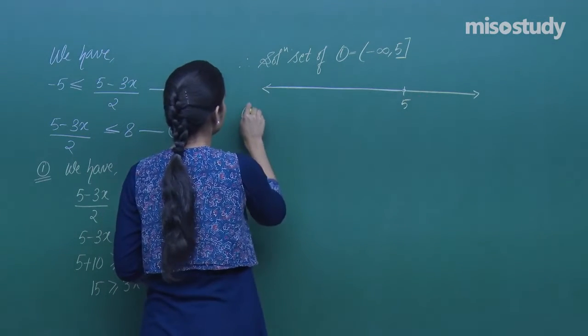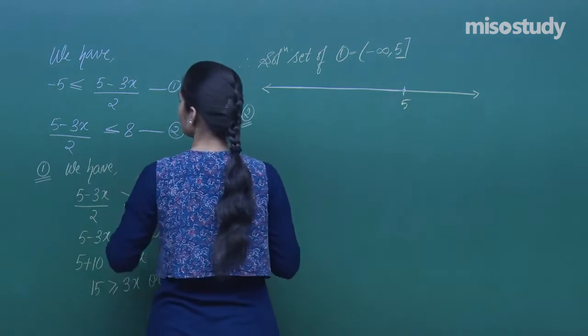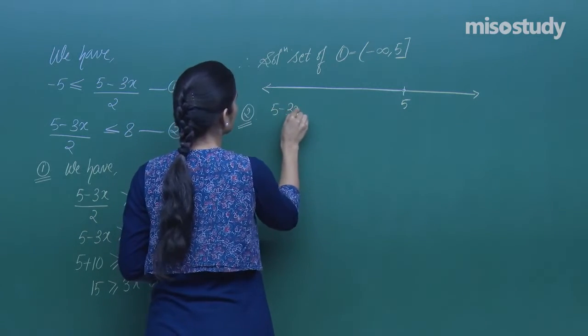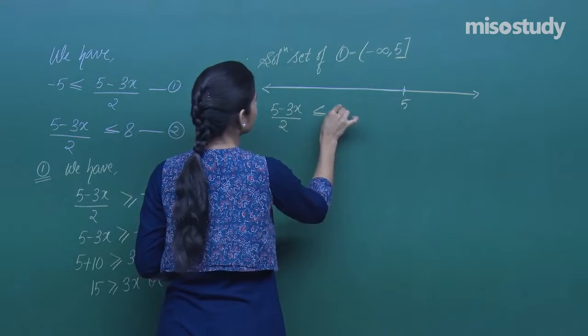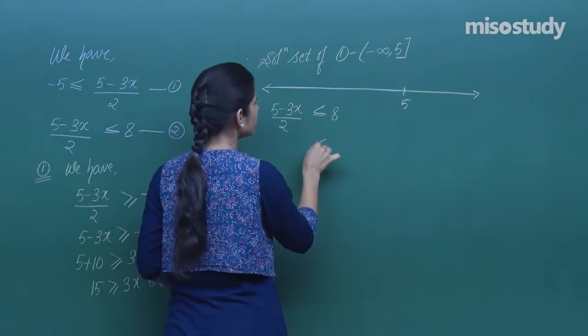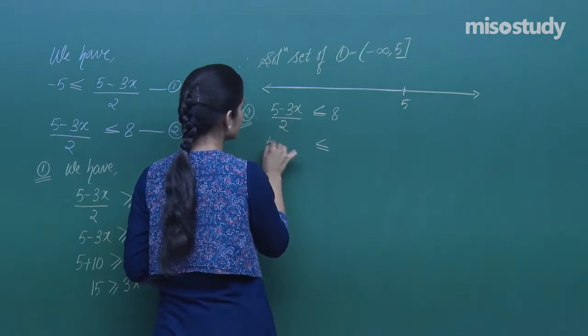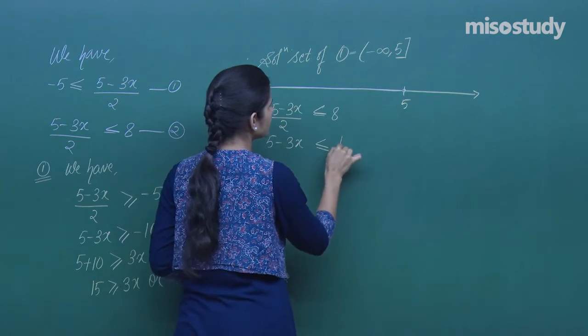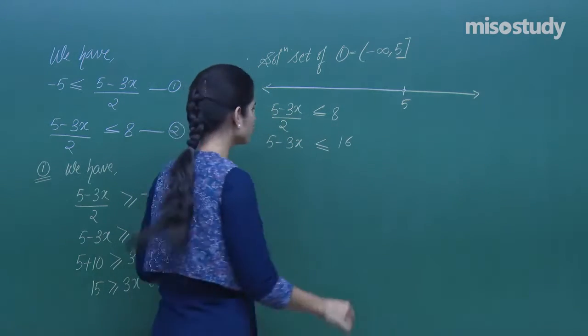Talking about the second one, (5 minus 3x) upon 2 is less than or equal to 8. Multiplying both sides by 2, 2 is positive, so the inequality won't change. The 2 cancels out. 5 minus 3x is less than or equal to 16, since 8 into 2 is 16.